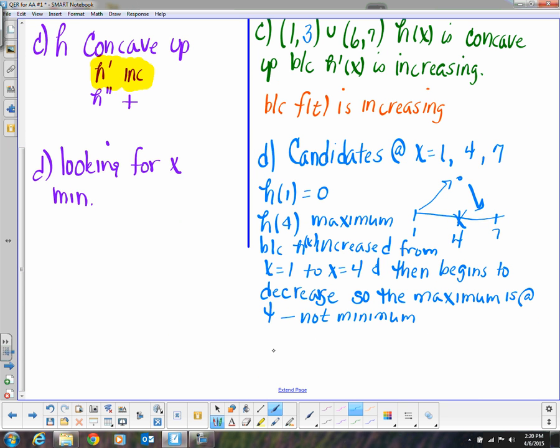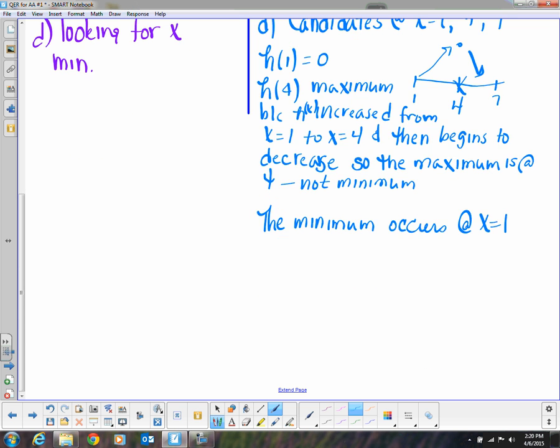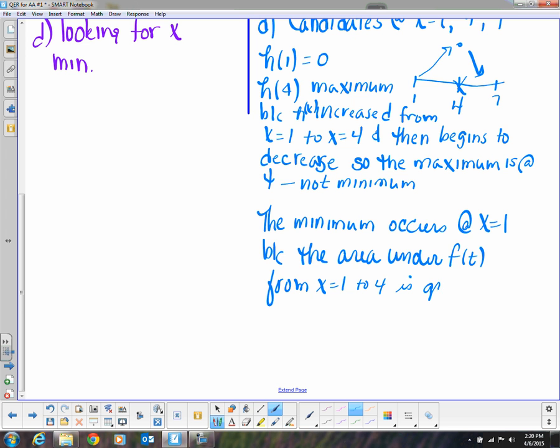So that is what I'm going to write. I'm going to say the minimum occurs at x equal 1 because the area under f of t from x equal 1 to 4 is greater than the area from x equal 5 to 7.